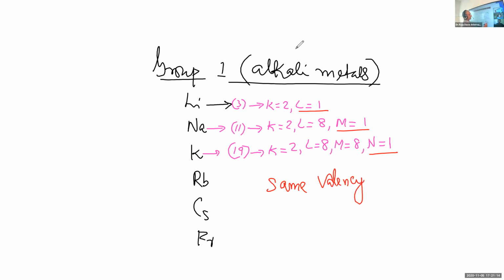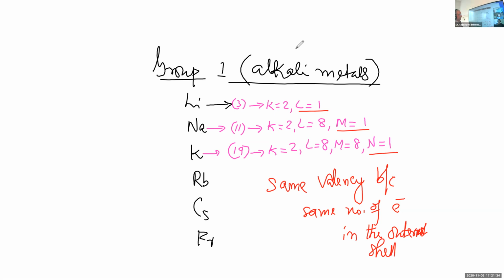What is the reason? The reason is this, because of the same number of electrons in the outermost shell, in the valence shell. And therefore, in a group, there is a common valency, or in other words, the elements in a group have the same valency.